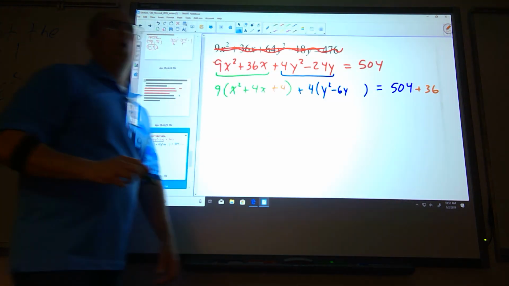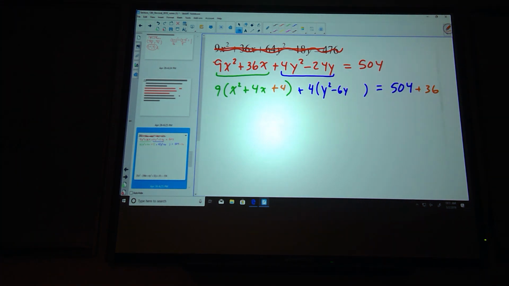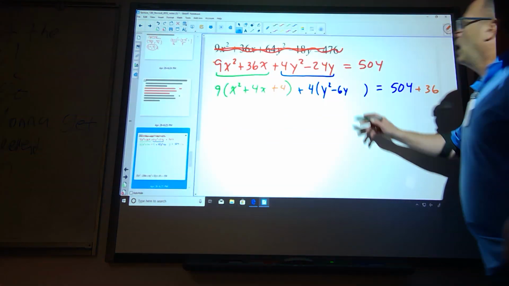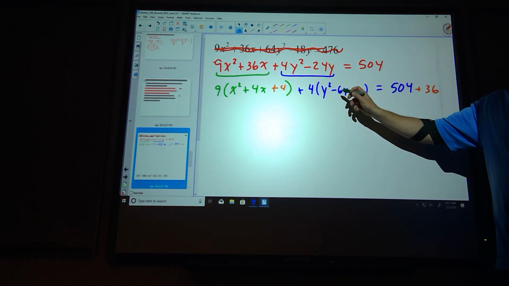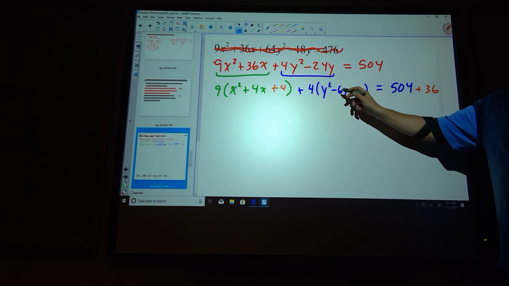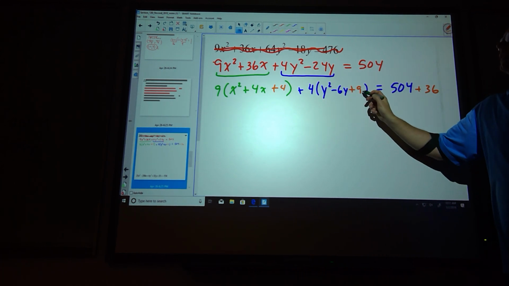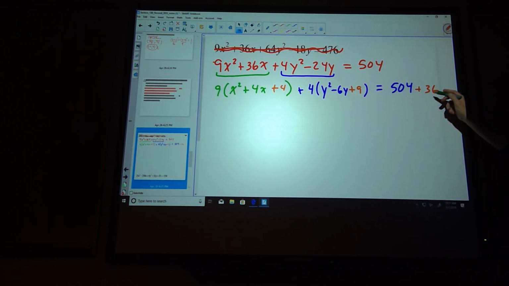So you're going to have to add those. Half of negative 6 is negative 3. 3 squared is 9. 4 times 9 is 36. Got lucky. It was coincidental.